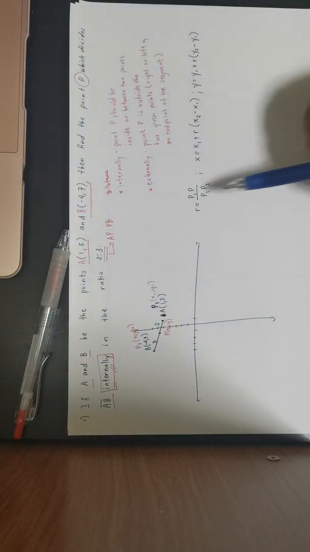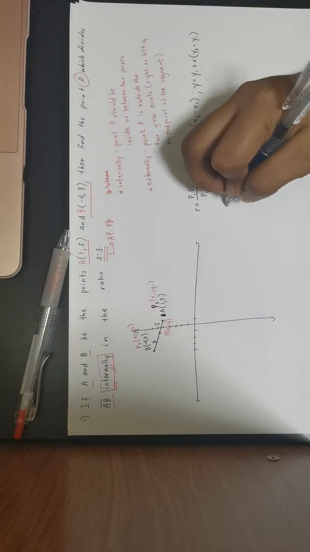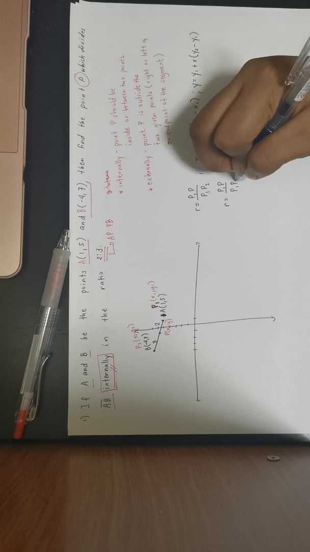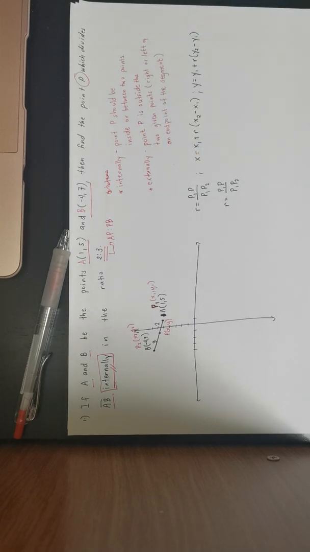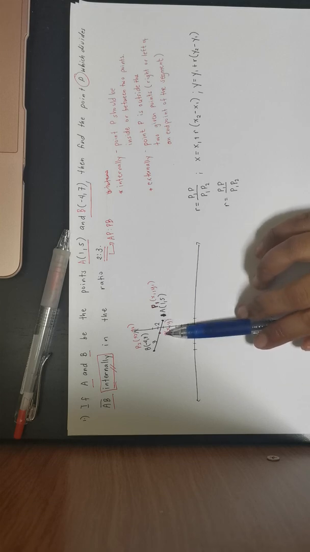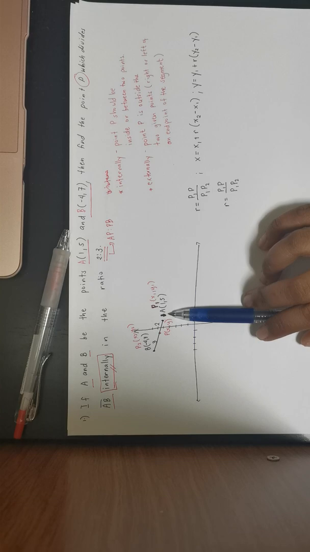For P1P over P1P2 and getting the value of r, you want to represent a certain direction as positive and the opposite as negative. Since AP, from A to P, goes to the left, you can make it negative, it's okay. But if you make it positive, then going to the right becomes negative.